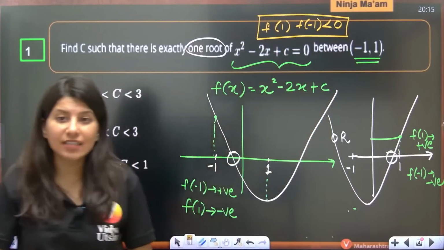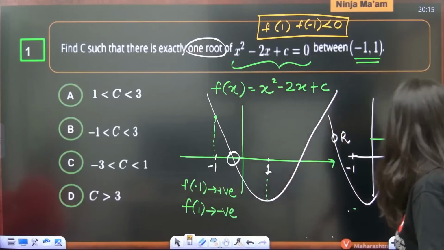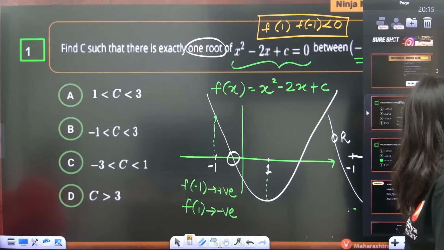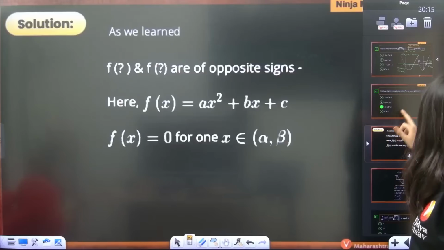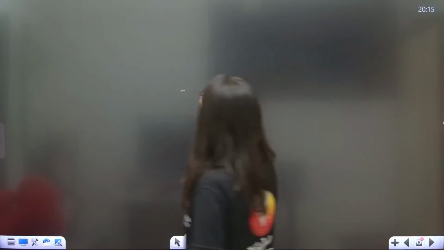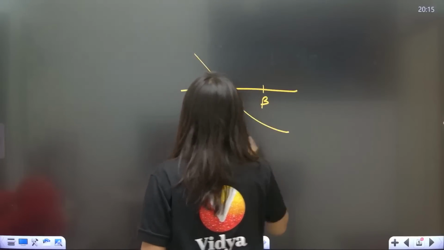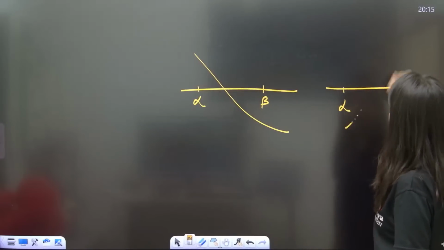In fact, this is a proper theorem. Let me tell you what the theorem is. Suppose you have alpha and beta, and you have one root between alpha and beta. So obviously there are two possibilities.